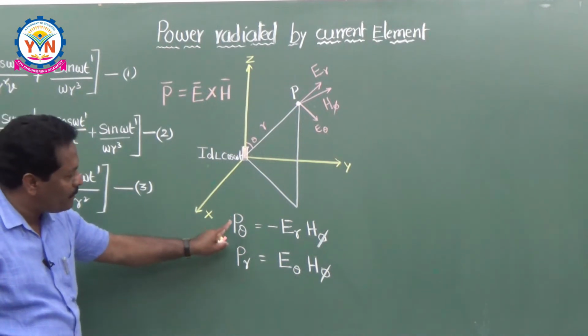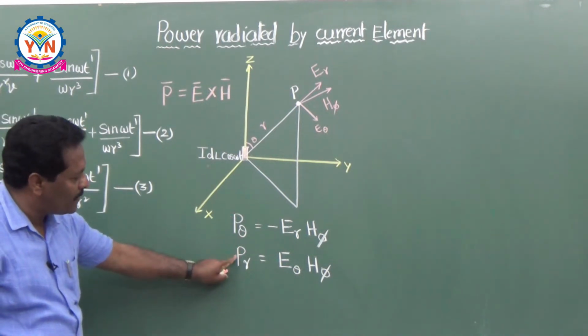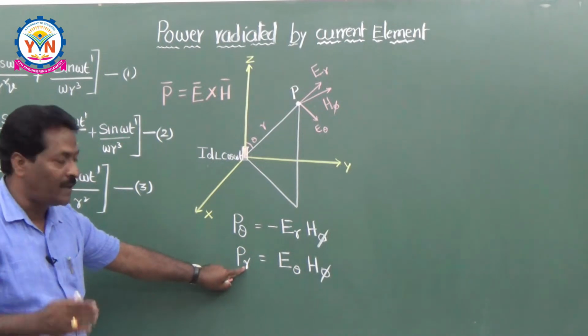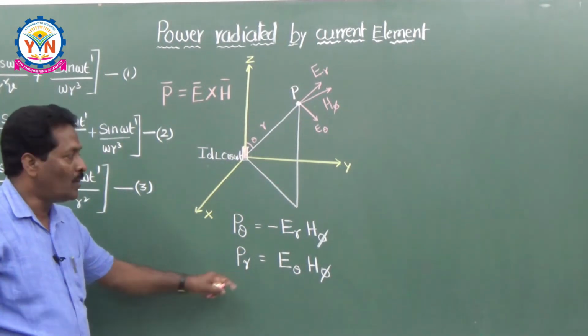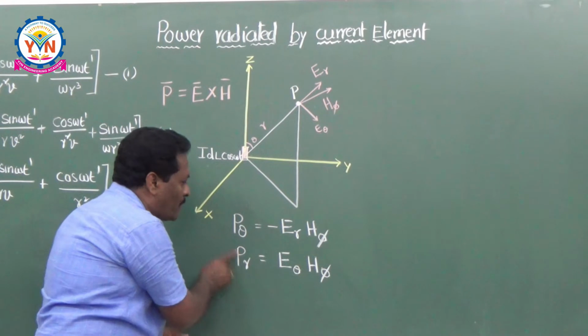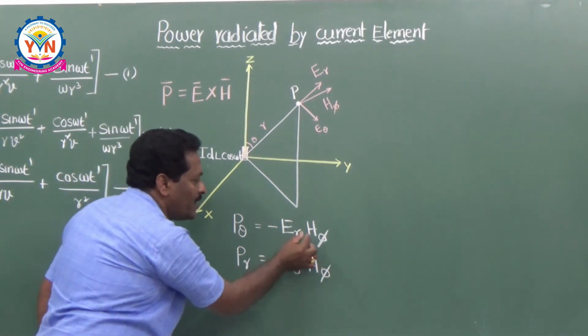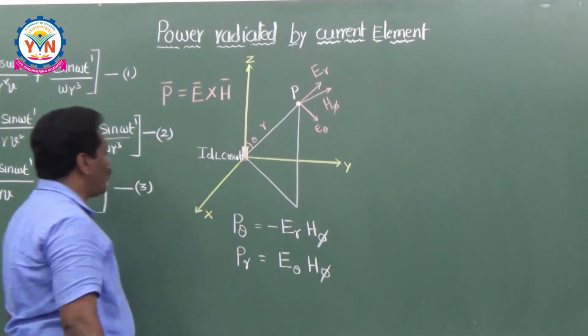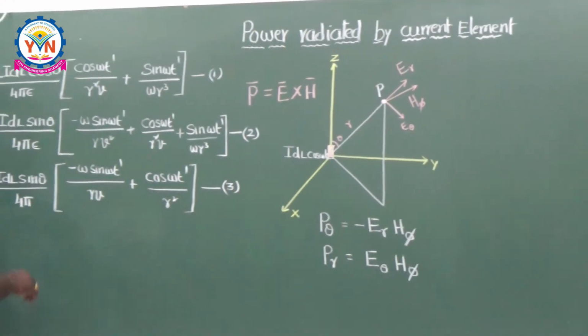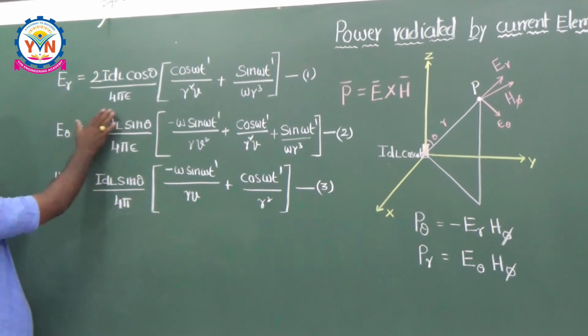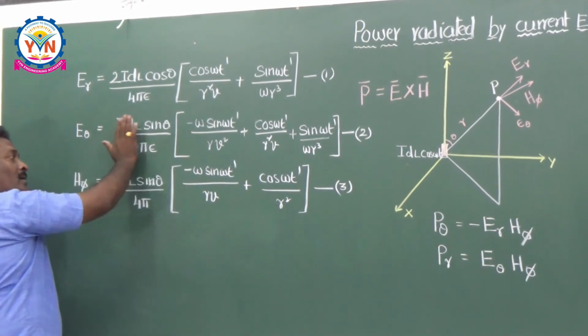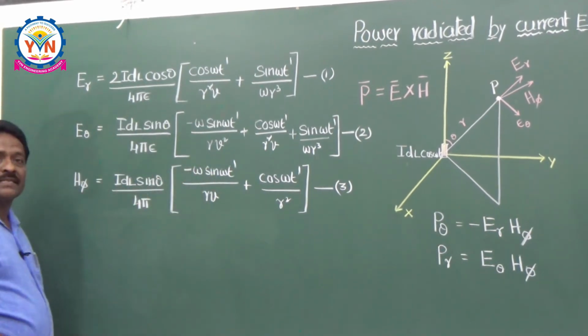Here the power is in theta direction and here the power is in radial direction, that means in the R direction. So if you want to calculate these two powers, then you have to take the expressions of E_R, E theta and H phi. These expressions are readily available here. Already we have seen them in the last class.